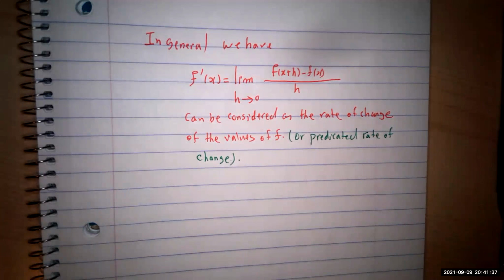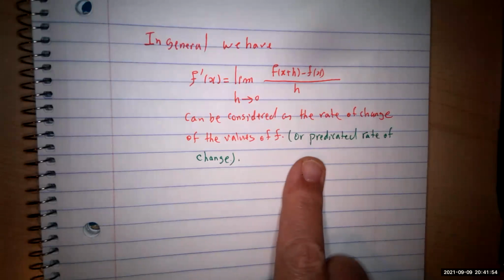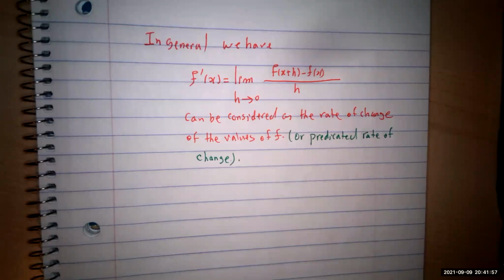When you get a ticket, they give you the ticket to prevent something. They know that for a couple of seconds you were driving at 90 miles per hour, so they want to predict to prevent it. So this is going to be the predicted rate of change that we are going to have.